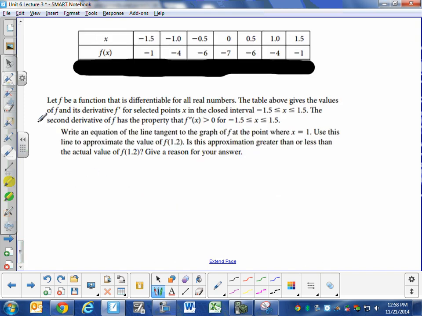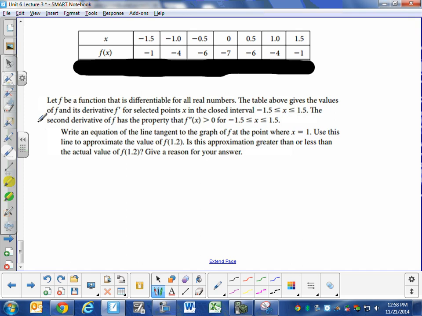This is an AP question from a previous year. Let f be a function that is differentiable for all real numbers. That means that you can take the derivative, that's all. If it's twice differentiable, that means you can take the derivative twice, that's all. The table above gives the values of f and its derivative f prime. I'm hiding the derivatives of f prime for a reason.